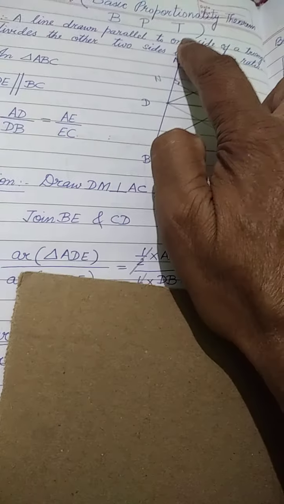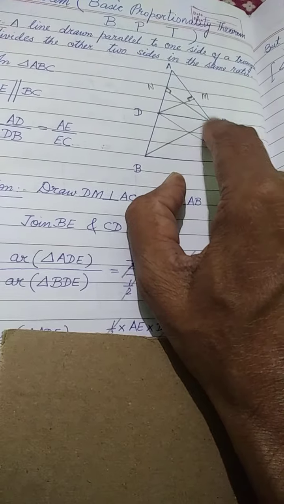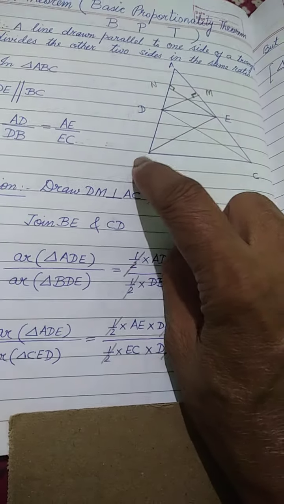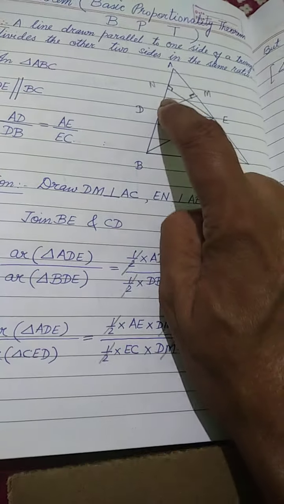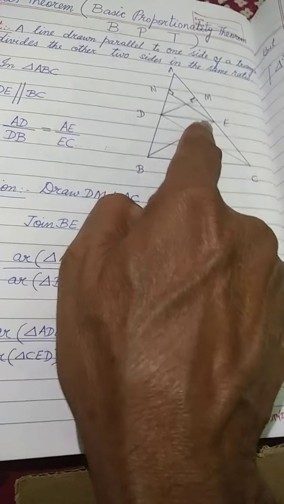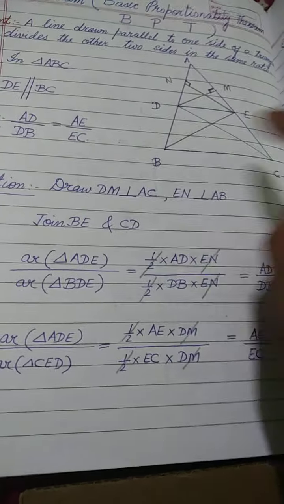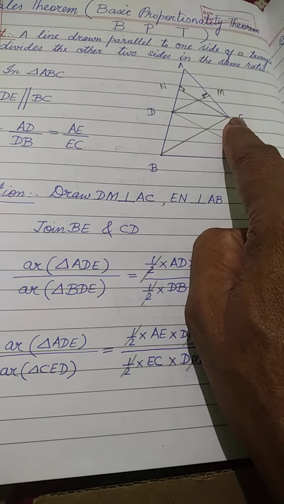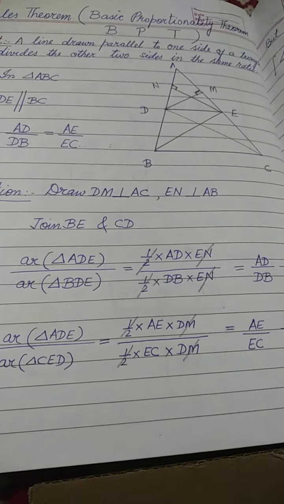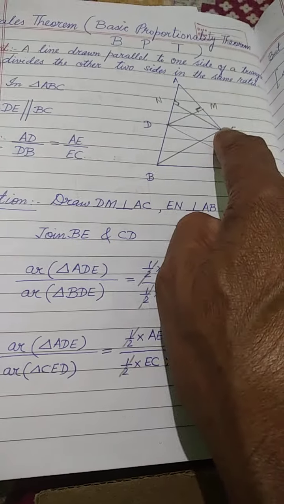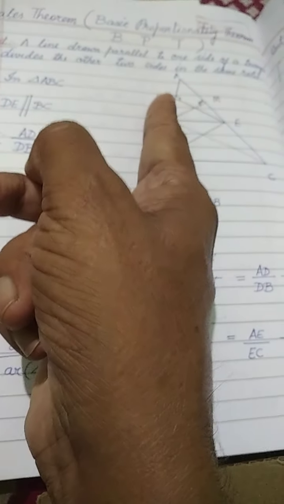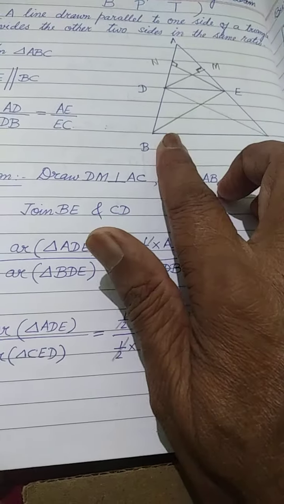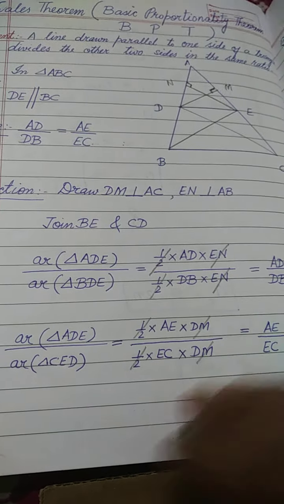So if you take AD as base, then height will be EN, and in case of triangle BDE, base we will take DB, then height will be EN. Because BDE is an obtuse triangle, in an obtuse triangle its height can be outside the triangle. Here you can see BDE is a triangle and its height EN is outside the triangle. So it is possible in case of obtuse triangle.